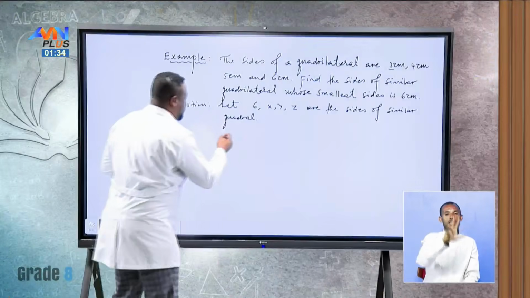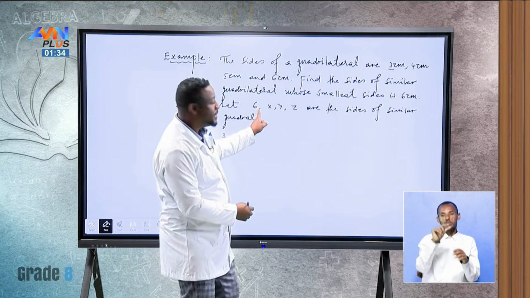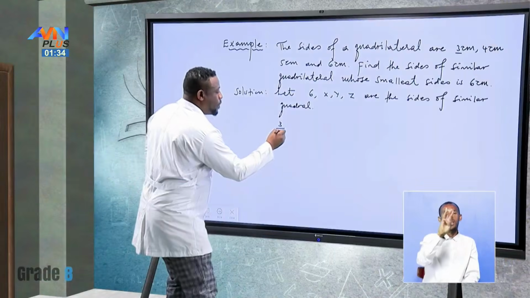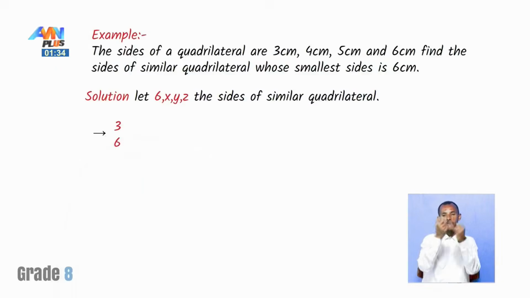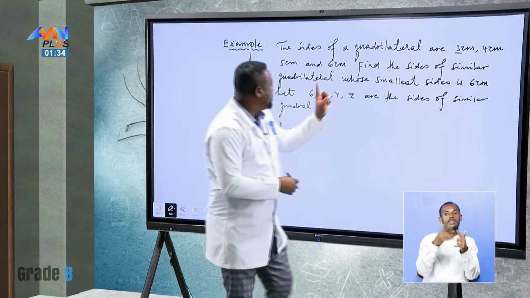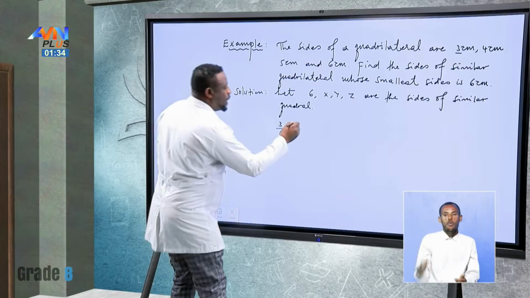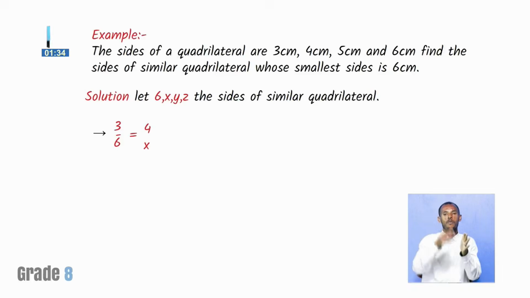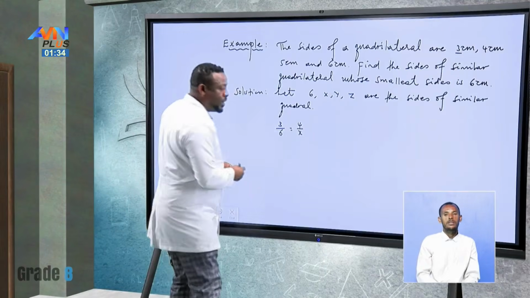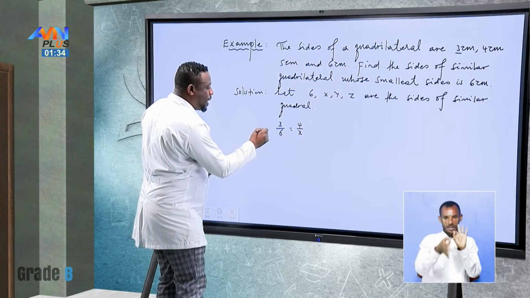Okay, 3 over the smallest one here, 6. 3 over 6 must give us the ratio of the second side by the second side of the unknown quadrilateral. So this becomes 4 over x. Okay, so by definition, you will have this ratio.